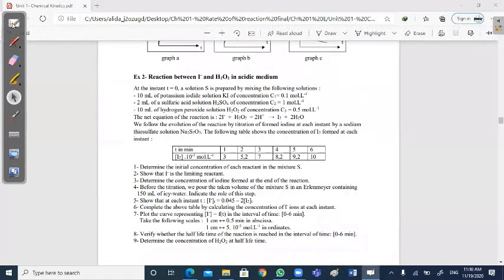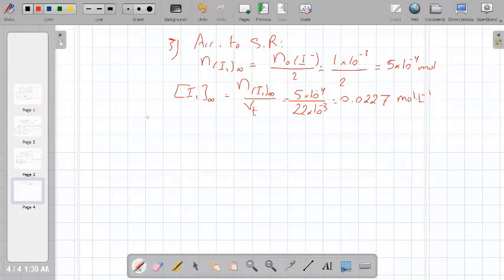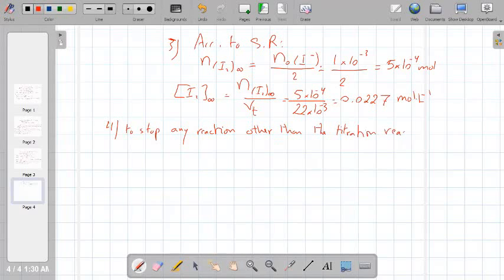To stop the reaction, to stop any reaction other than the titration reaction. Why? We will see in the next chapter, chapter 2, kinetic factor.